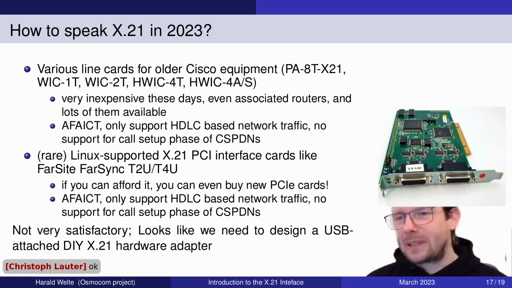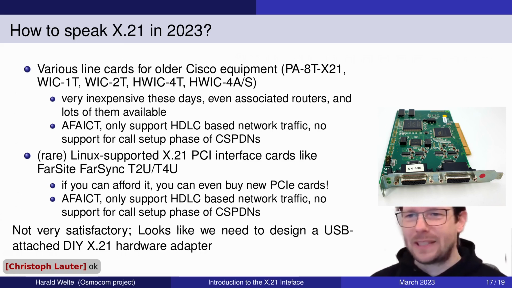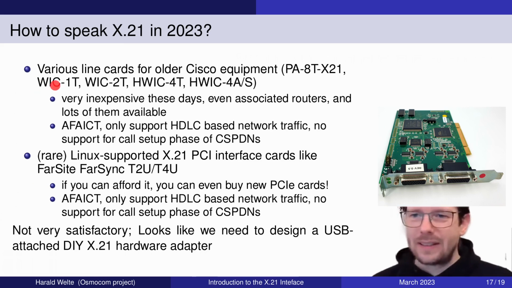So what can you find in terms of equipment today, inexpensive for some pet project? Well, you find all these line cards for all the Cisco equipment, and the one-port ones like the WIC-1T you can get for 6-7 euros on eBay. The larger port number ones with 4, even 8 interfaces, of course, are more expensive since they're more enterprise.